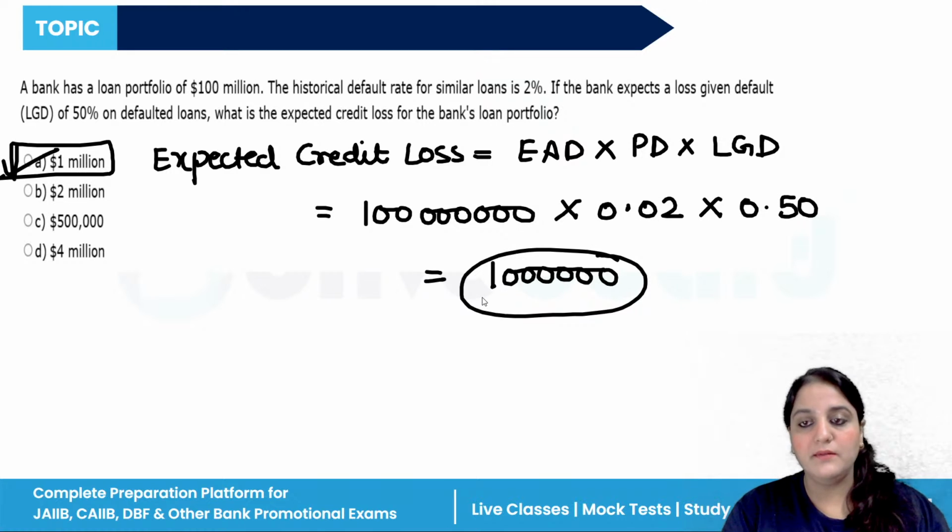If we know the formulas, we can easily solve the questions of the BFM. Got it? Let's move to the next question.